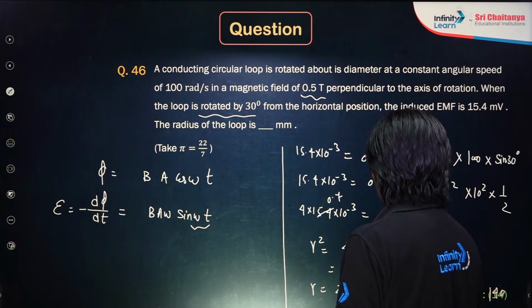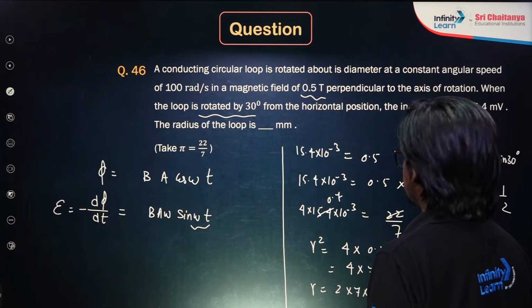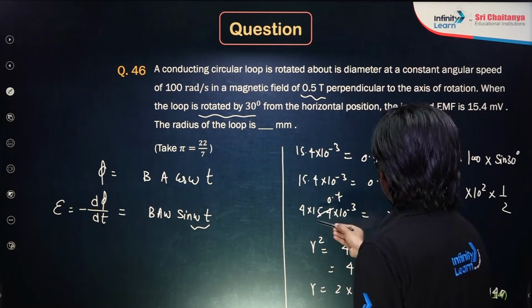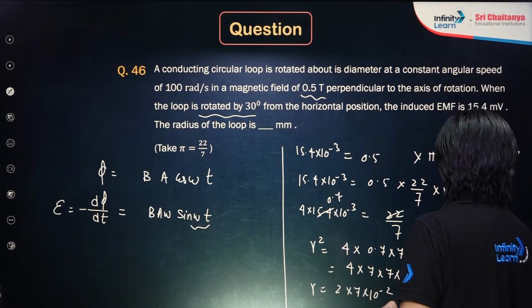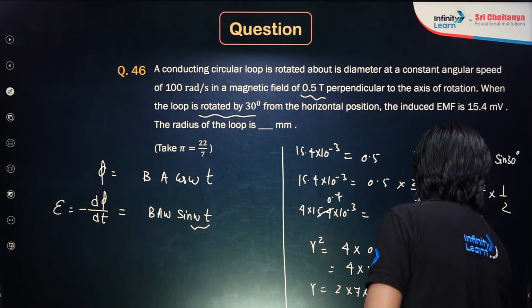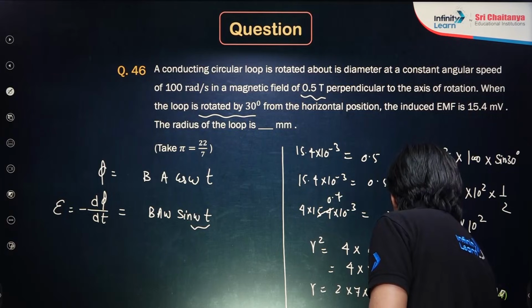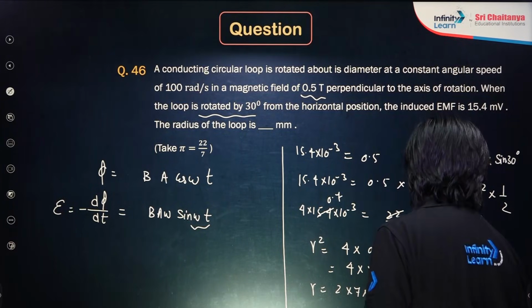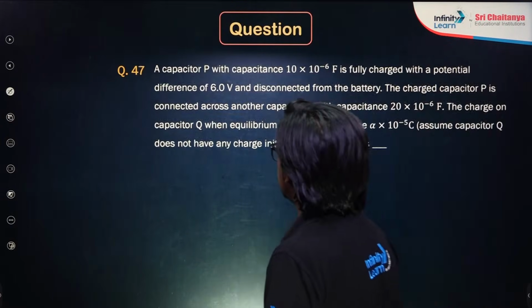Okay, and that is actually meter. Okay, so somewhere there is a mistake in the decimal point. So yeah, this one r square into 10 raised to the power 2. If I take this 10 raised to the power 2 towards left, you will have 10 raised to the power minus 2. So this is 10 raised to the power minus 6. On taking a square root, you will get 10 raised to the power minus 3. So 14 millimeter. Okay, 14 millimeter will be the right option.